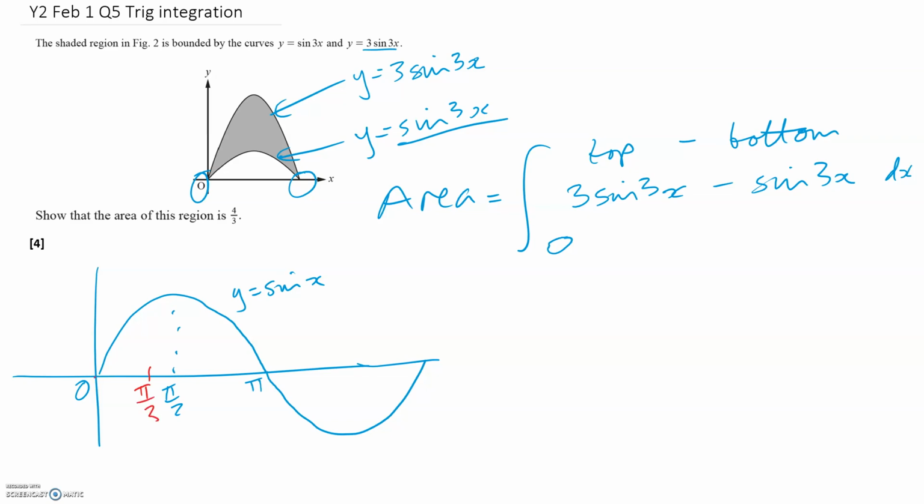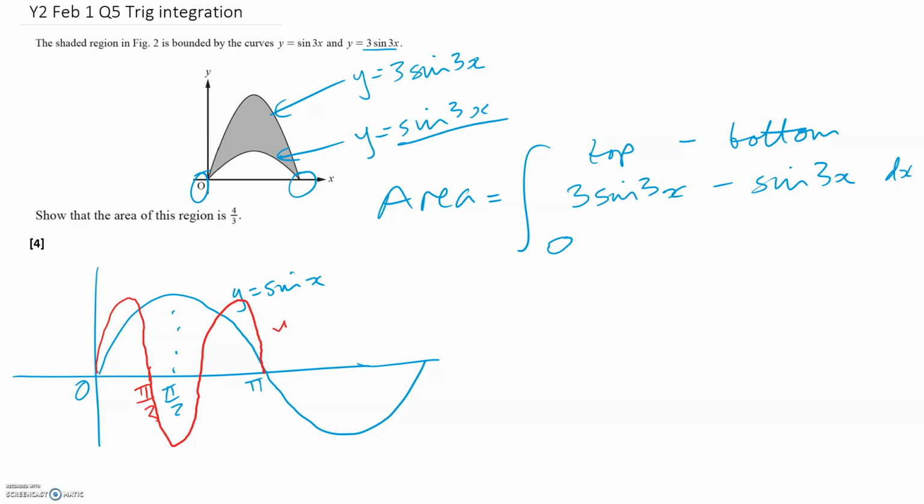It's going to have the same amplitude, and the whole graph has been shrunk by a scale factor of 3.